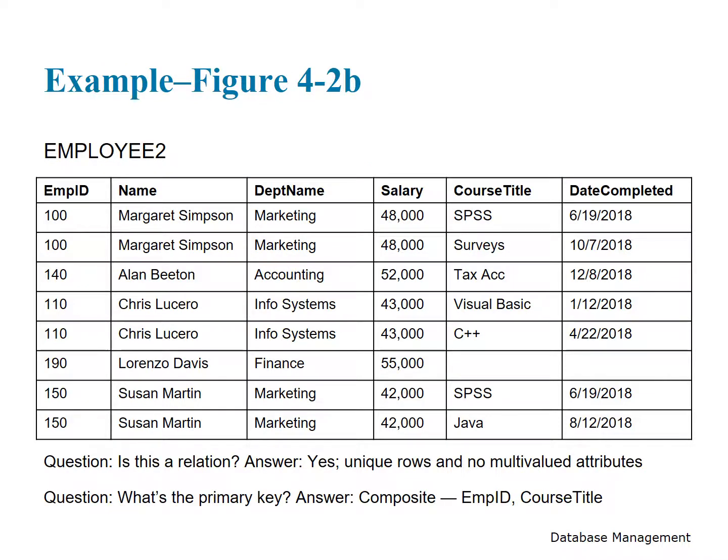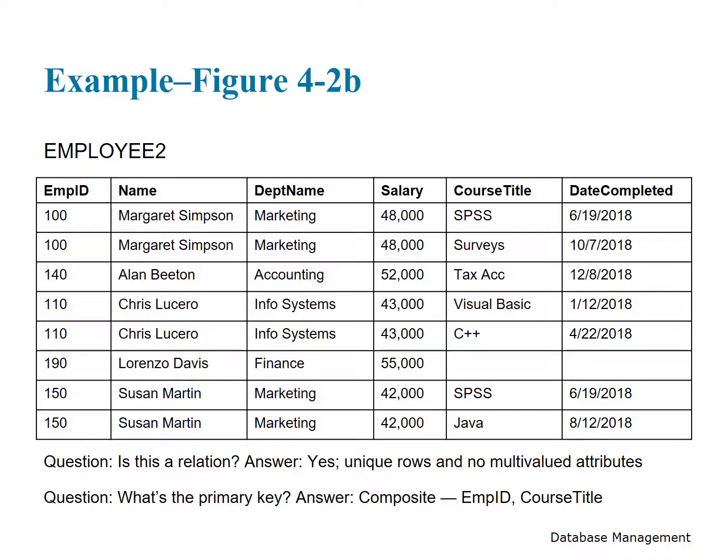Example, figure 4-2b, Employee 2. Is this a relation? Answer, yes. Unique rows and no multi-value attribute. What is the primary key? Answer, composite: Employee ID and course title.